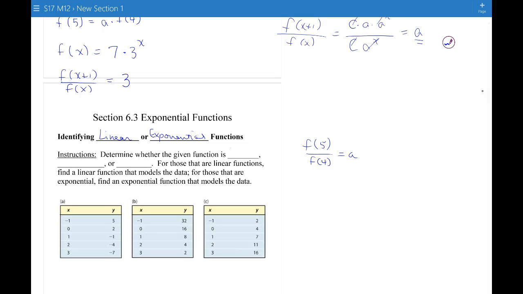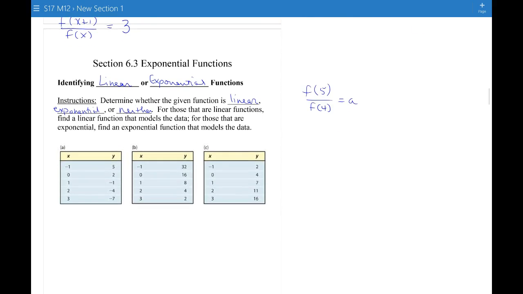So in this exercise, we're going to determine whether the given function is linear, exponential, or neither. So think about a linear function. If I have f of x equals ax plus b, the same thing as mx plus b, and I do f of x plus 1, that says replace the x with x plus 1.